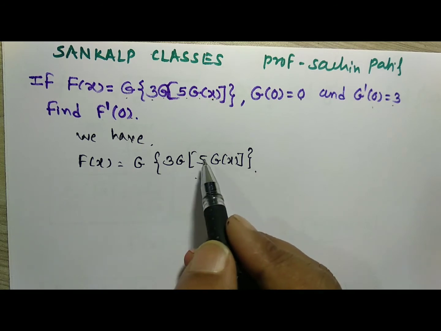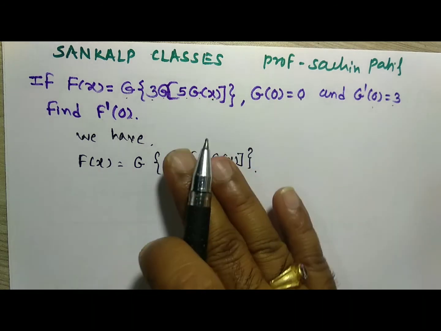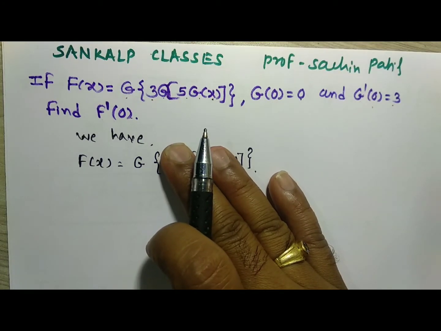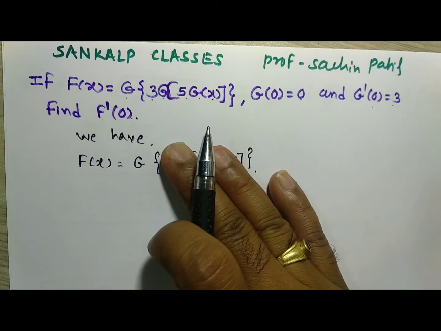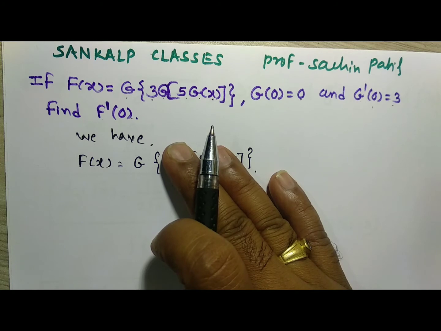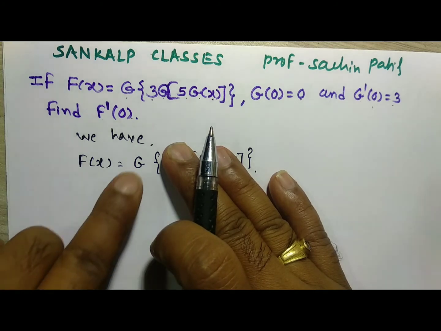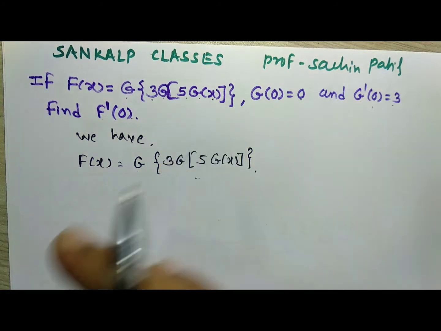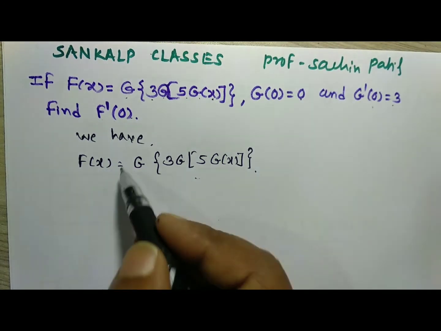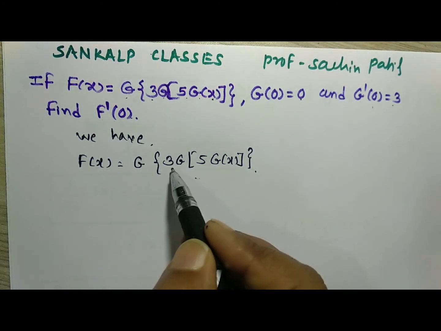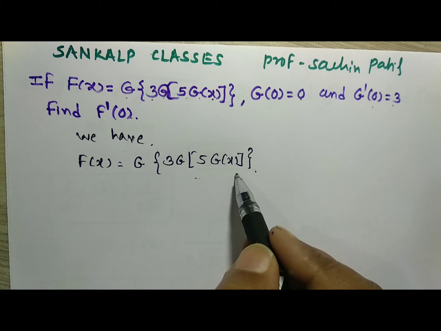First of all, we have to cover the expression inside the bracket with our fingers and find the derivative of that g, then cancel out that and find the derivative of the remaining expression.